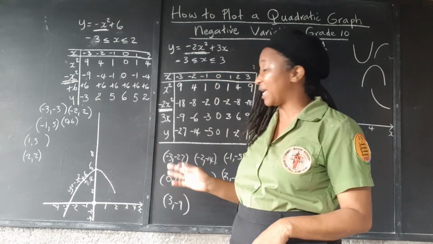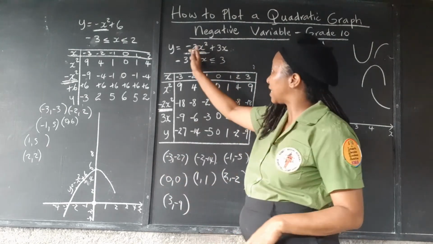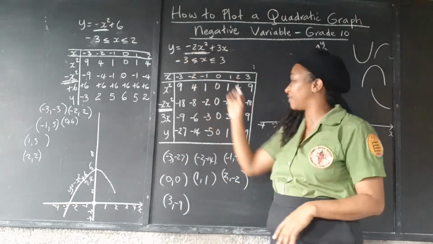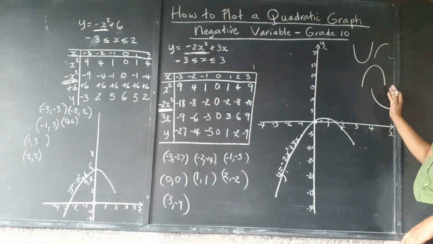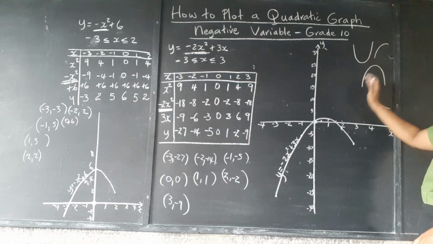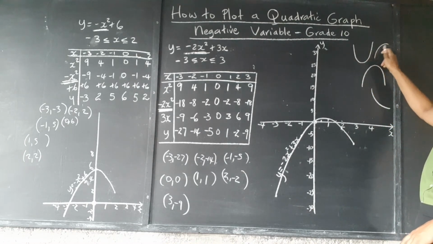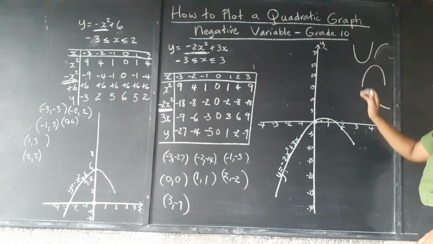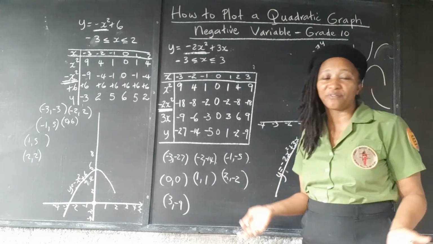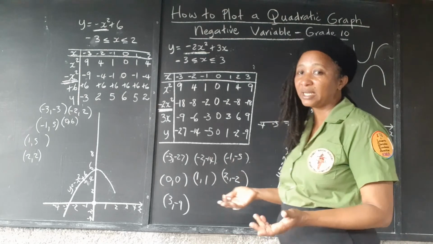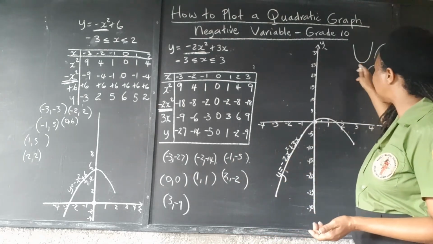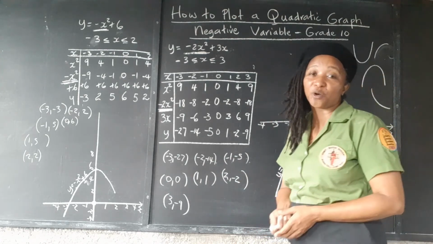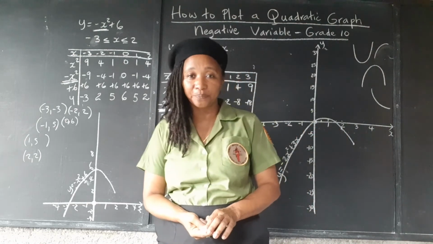So generally then we can say when the coefficient of the x² term is negative, the general orientation of the graph is this. Whether it's a half of a parabola or a full parabola. Some people call it a frown face, the frown. And for the positive, we say it's a smiley face. If that's your way of remembering it, that's fine.